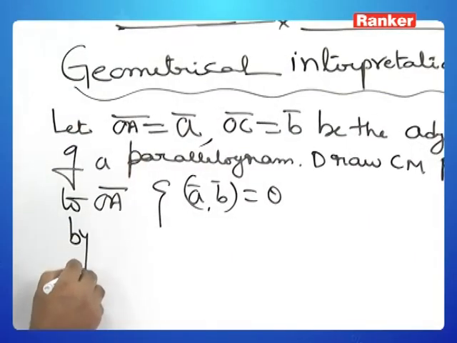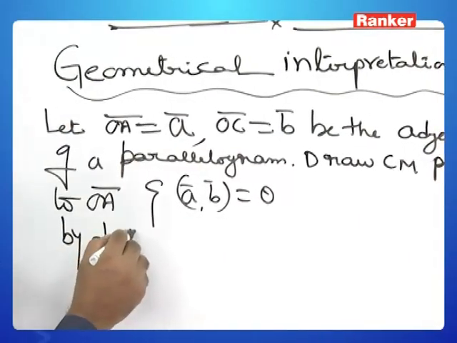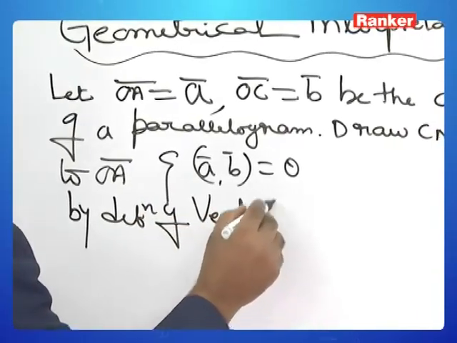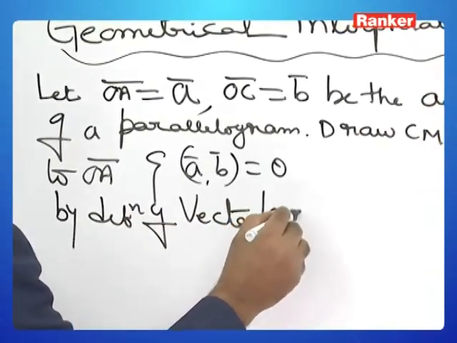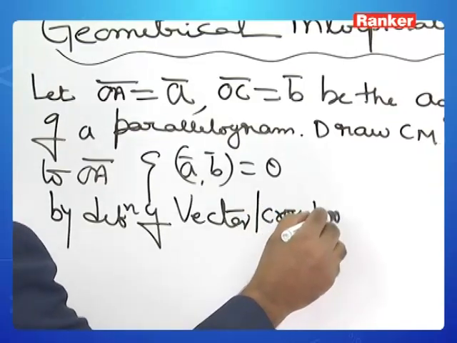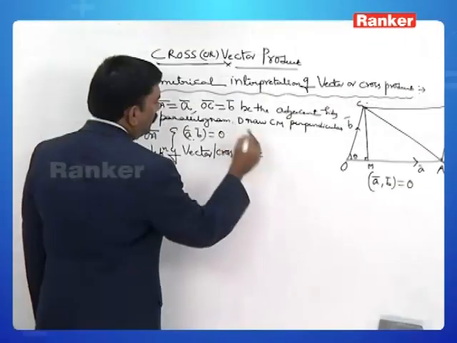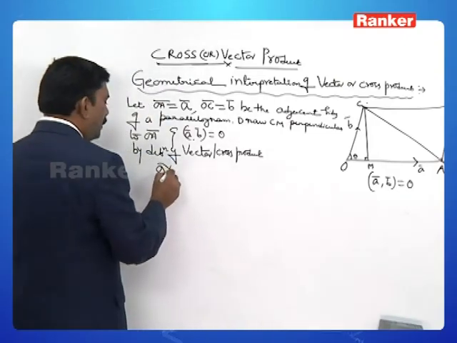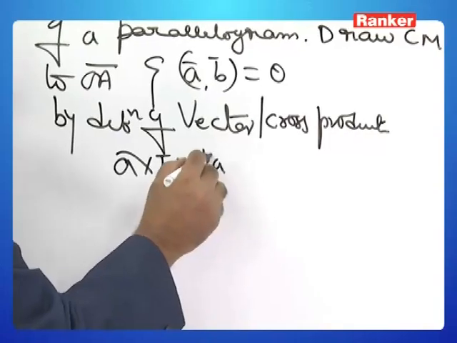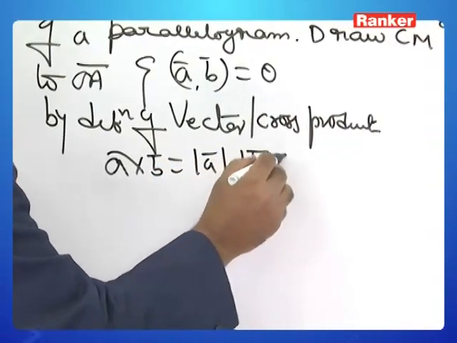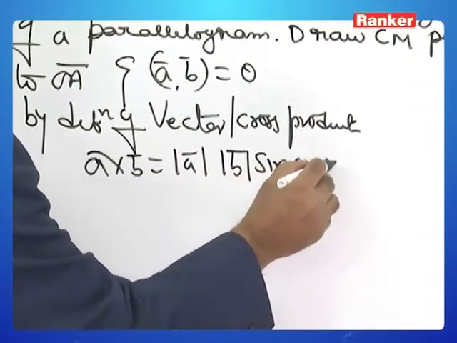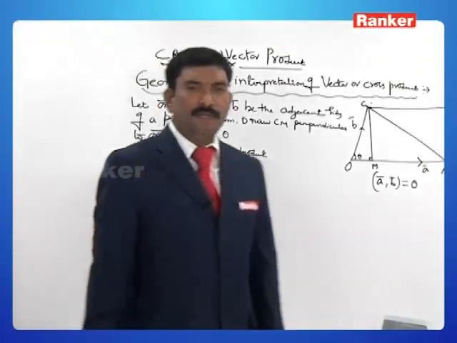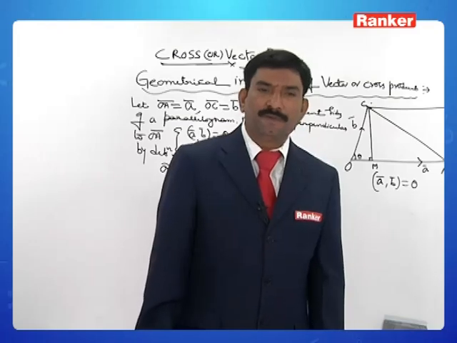By definition of vector or cross product, A bar cross B bar is equal to mod A mod B sin theta into n cap. Followed?